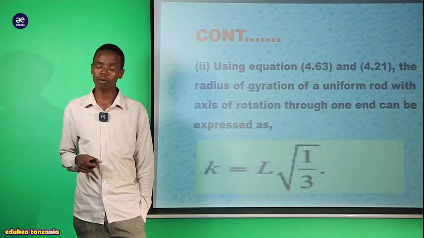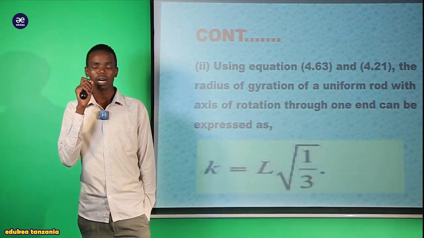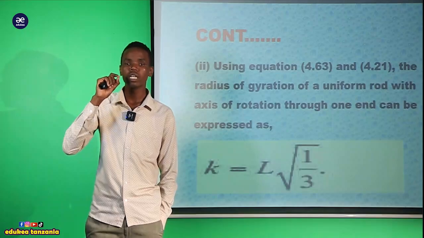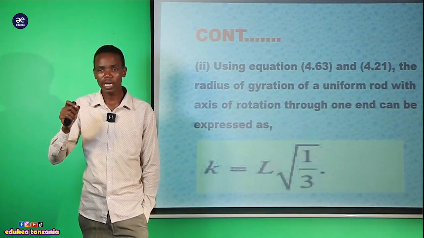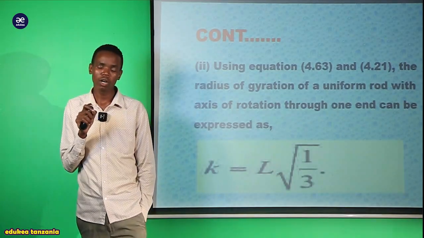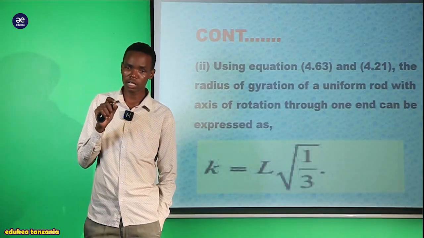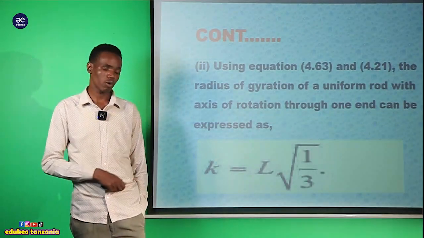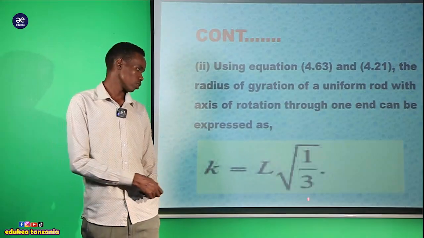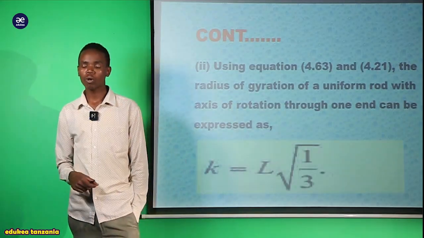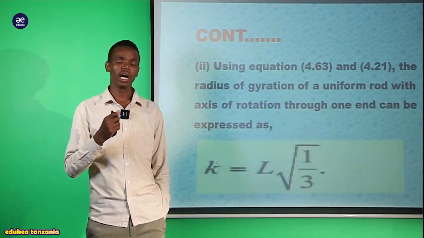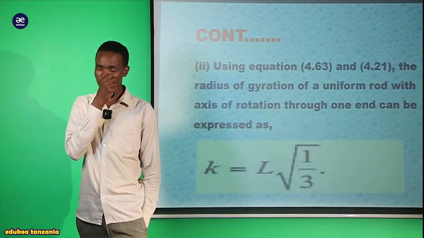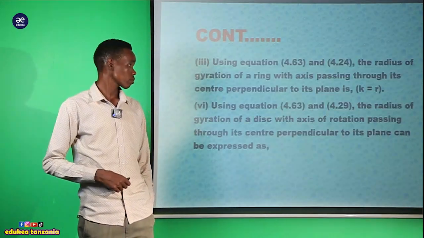If we remove the square on both sides, the radius of gyration for the uniform load when it is rotating at one end must be equal to L times the radical of 1 over 3. This is how we can get the radius of gyration for the uniform load when the axis is at one end.